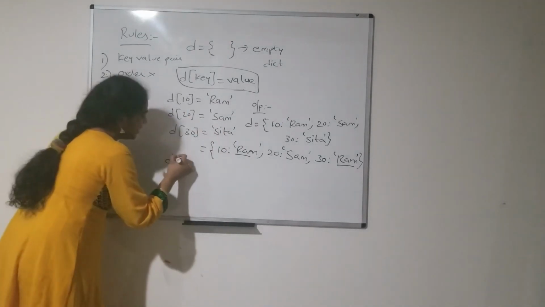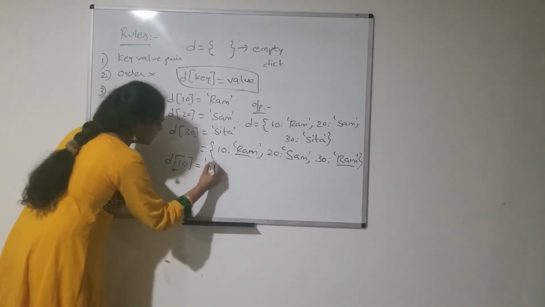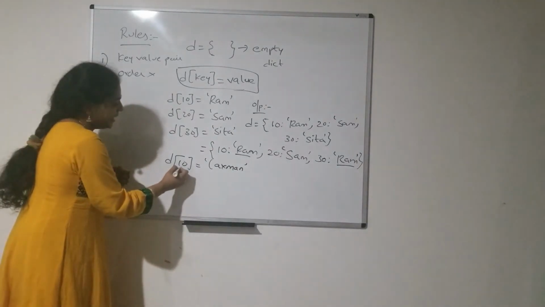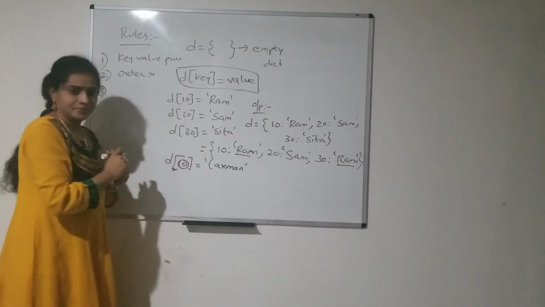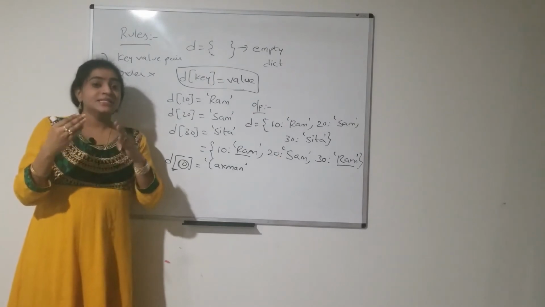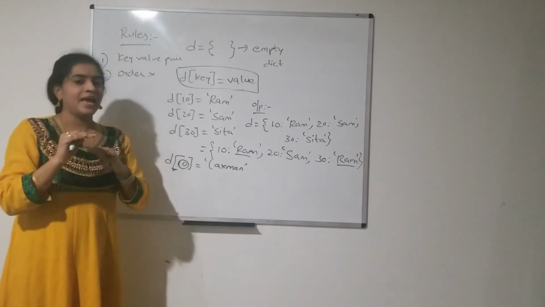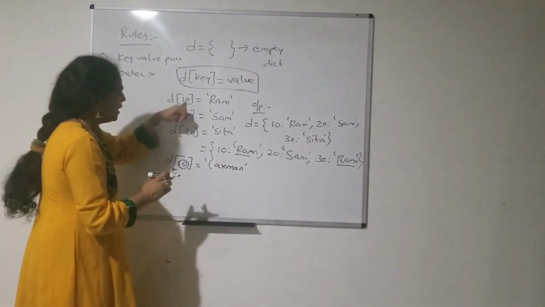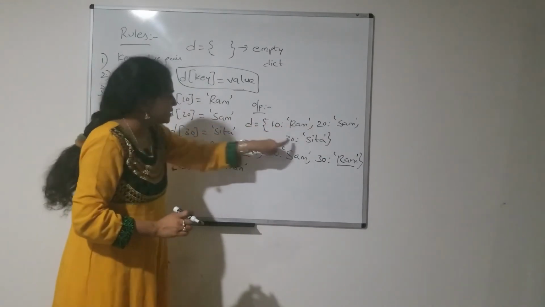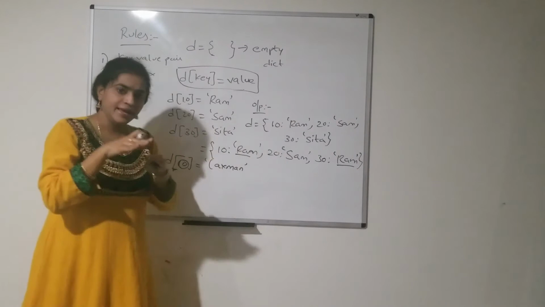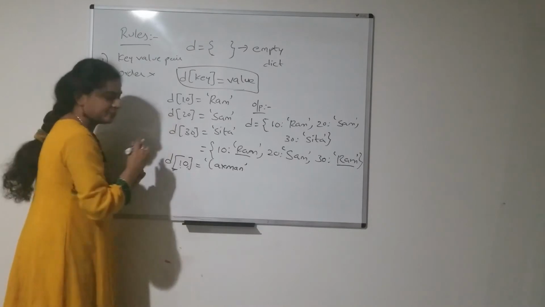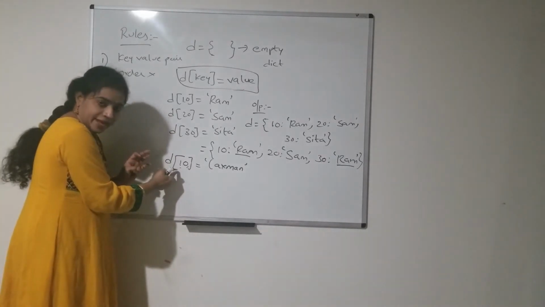Suppose I take again d of 10 equal to Lakshman. Here I already have the key 10, and again I am using a duplicate key. What will happen if you allow duplicate keys?